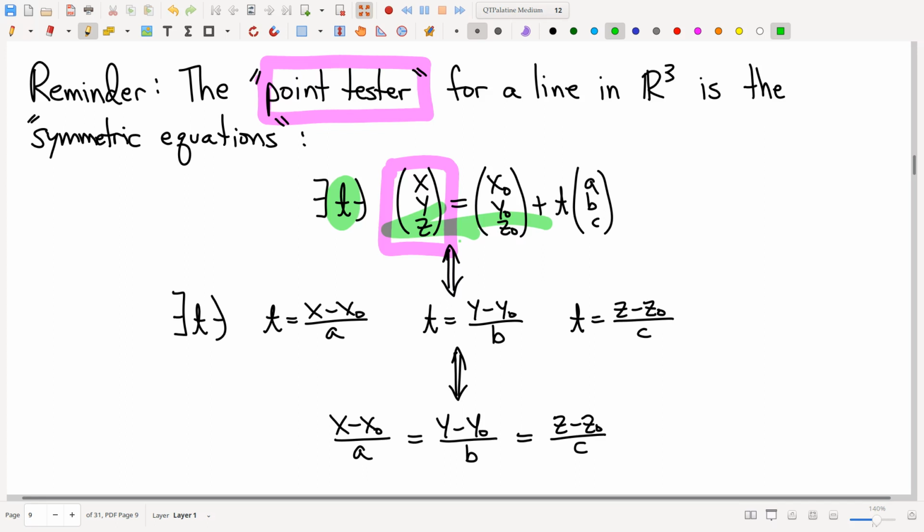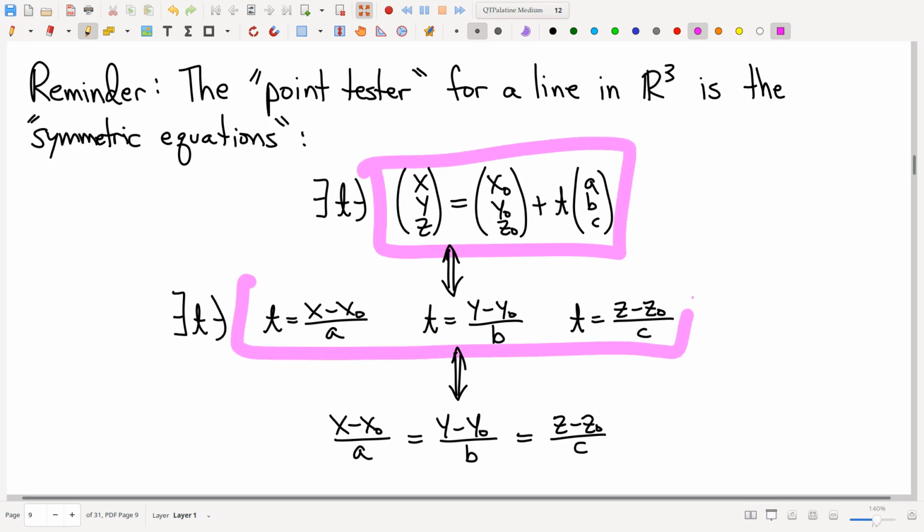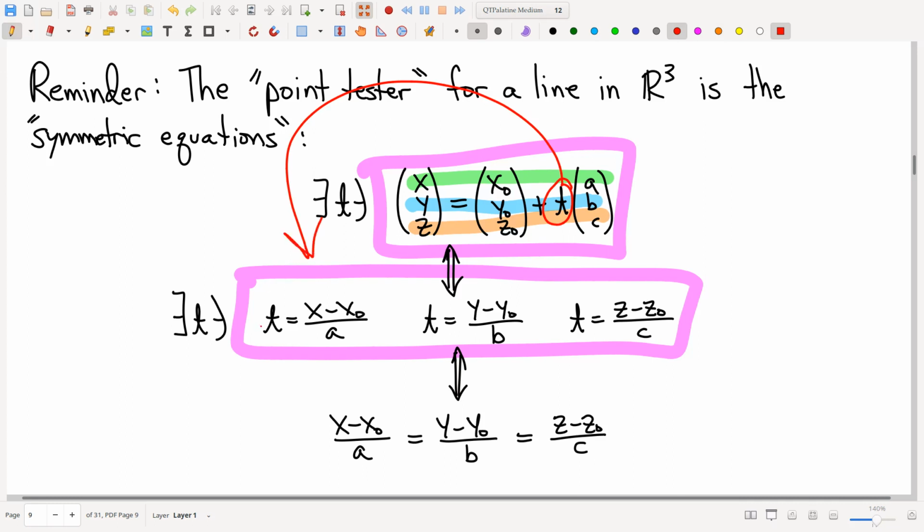So the slick move is to realize that you can take this vector equation and rewrite it as these three scalar equations, in each of which I can solve for t. When you solve for t in those equations, you get these three equations, just solving for t in each of the three coordinate equations.